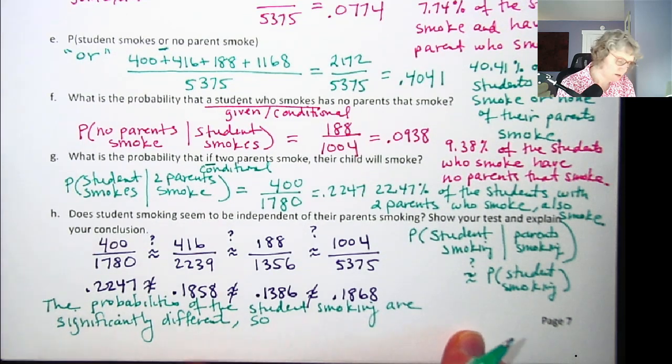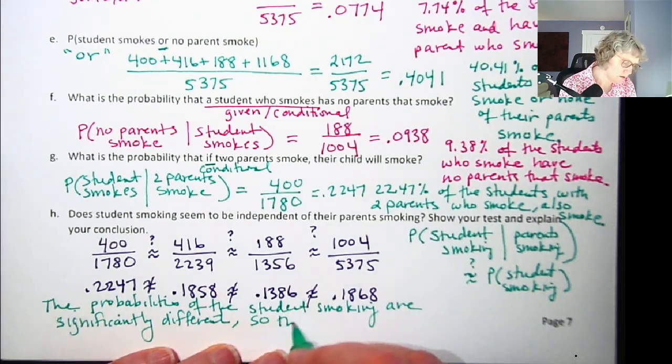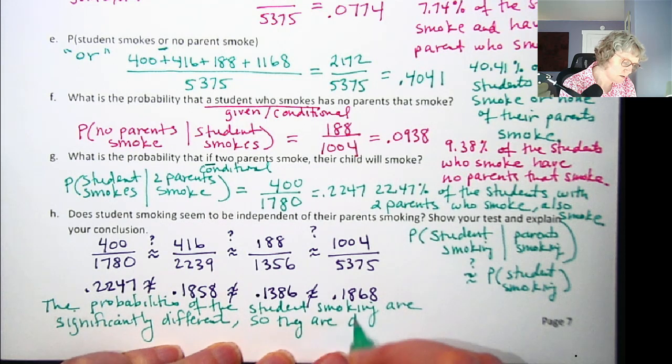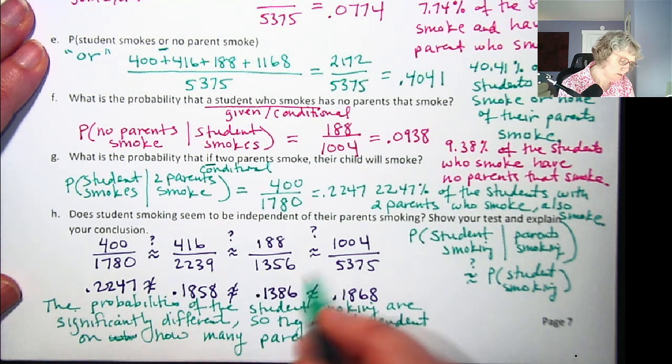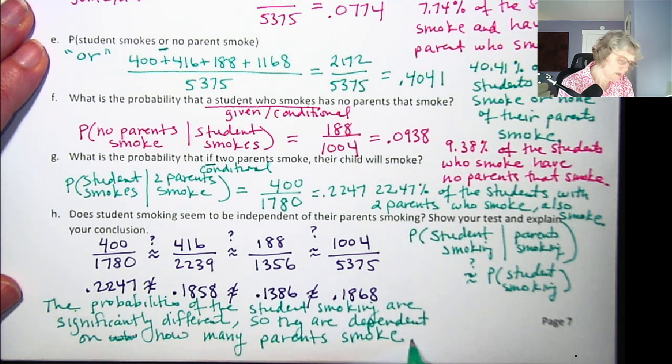So they are dependent on, let's say, how many of their parents smoke. Something like that.